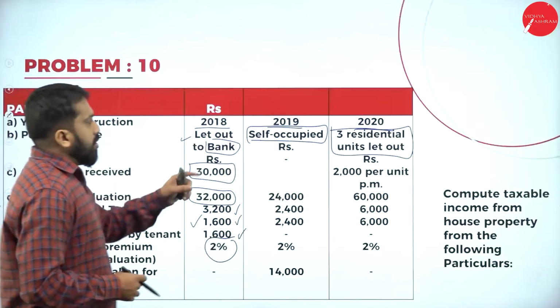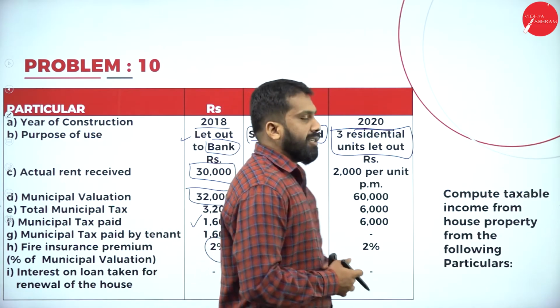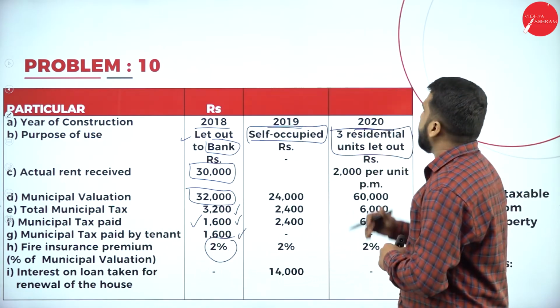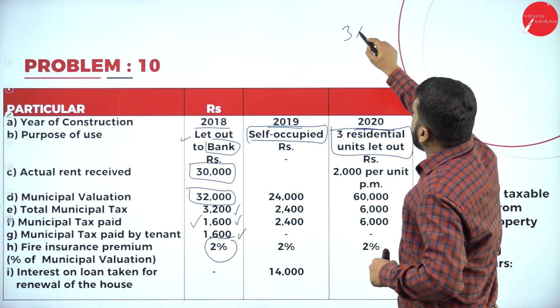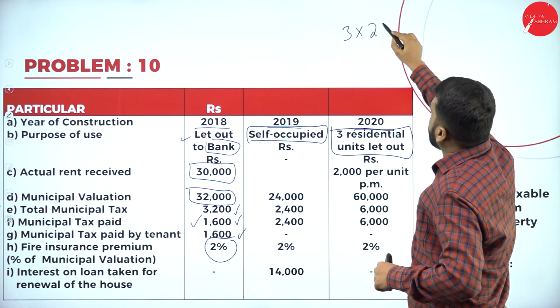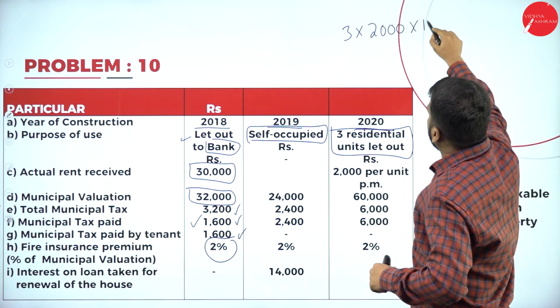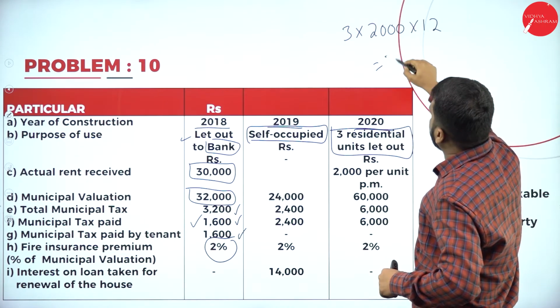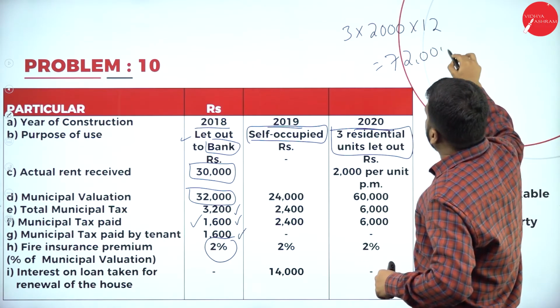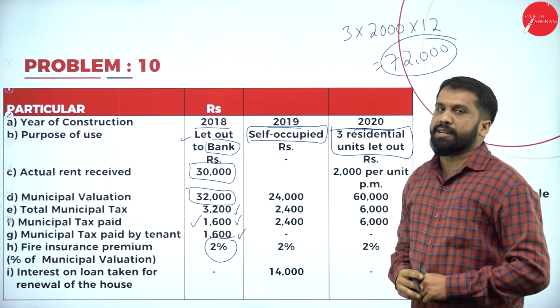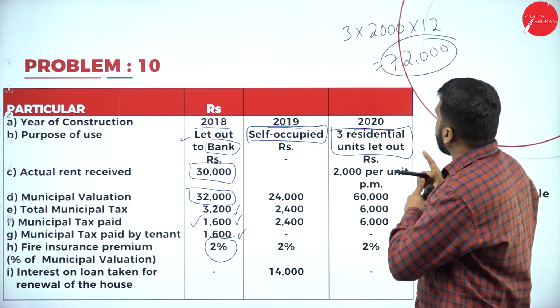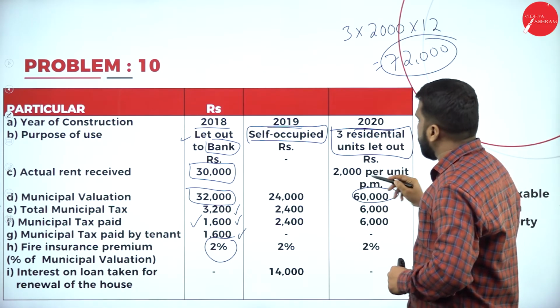Now, you have 3 residential houses, 2,000 per month. In these 3 residential houses, 2,000 per month into 12 months in a year. Total you will get 72,000. Here it is 72,000, but what is the actual municipal value?